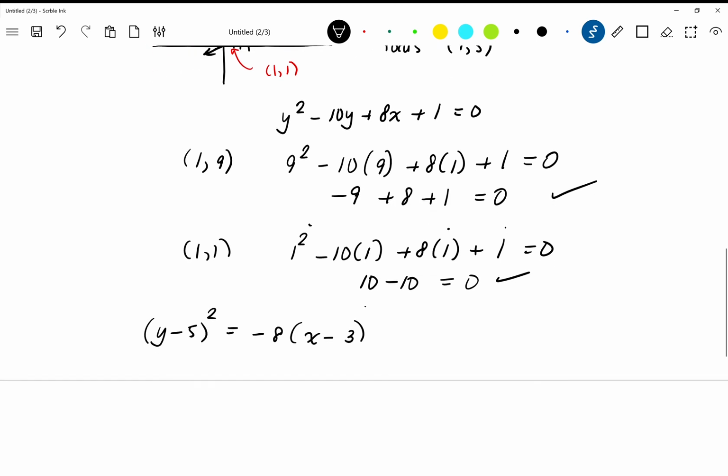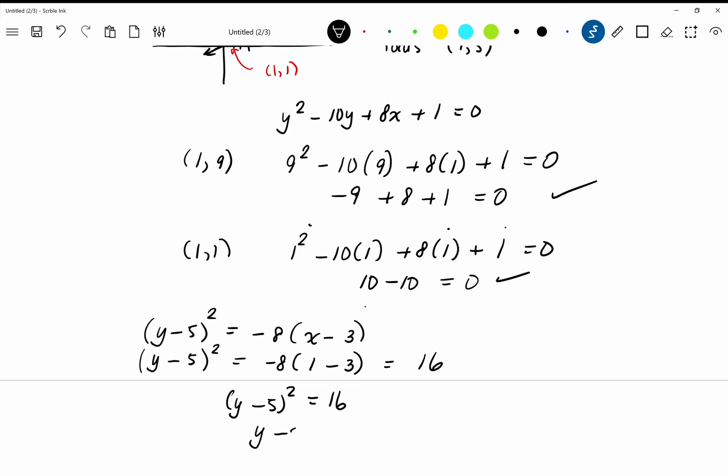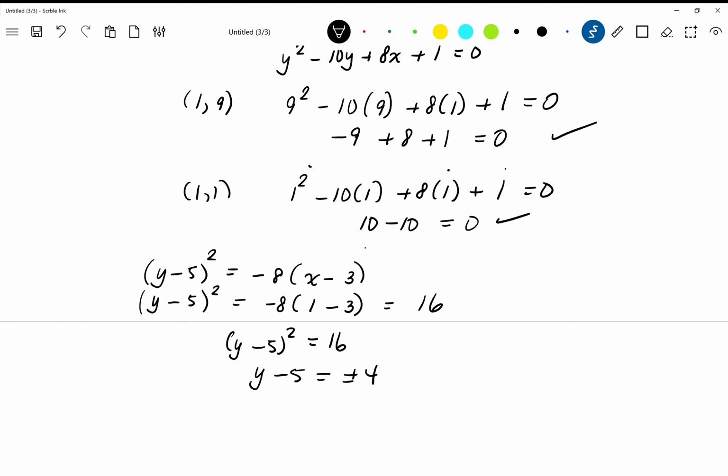I want x to be 1 because that shares something in common with the focus. And I know that that's 16. So I want y minus 5 squared to be 16, which means if I take the square root of both sides, y minus 5 is plus or minus 4. That gives me y equals 5 plus or minus 4. 5 plus 4 is 9, and 5 minus 4 is 1. And hey, that worked out, didn't it? So we have (1, 9) and (1, 1).